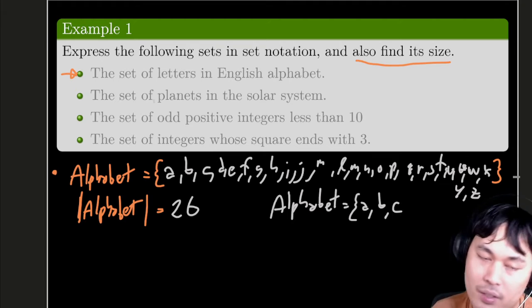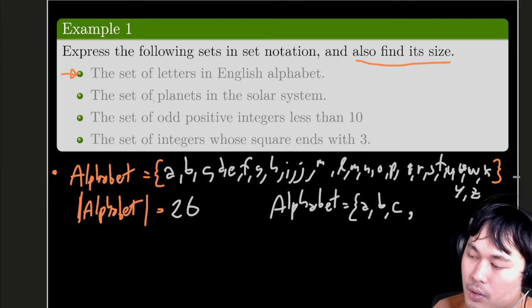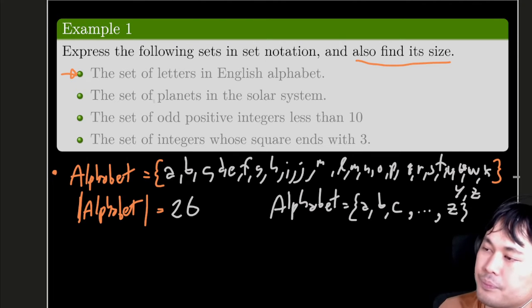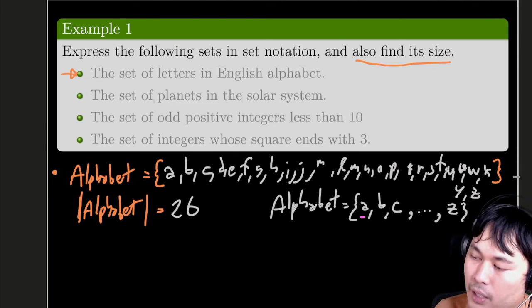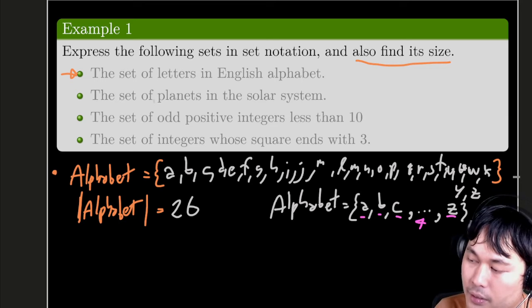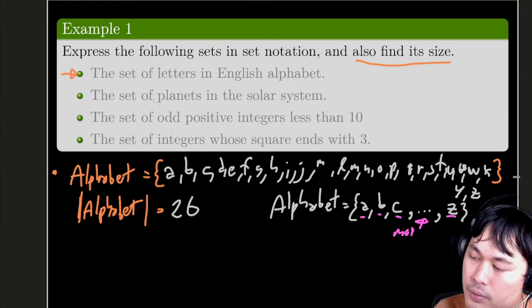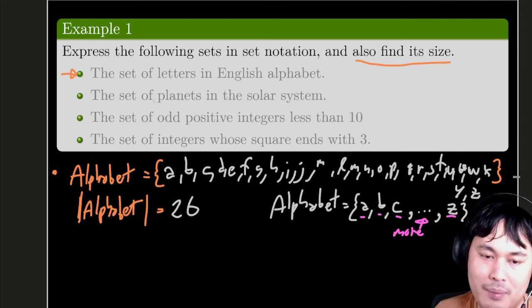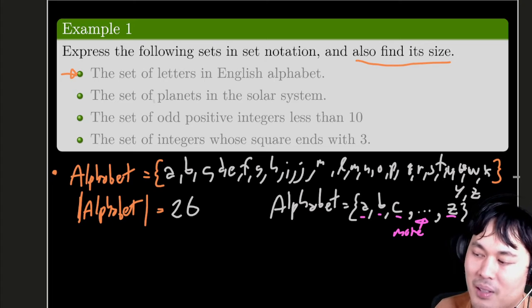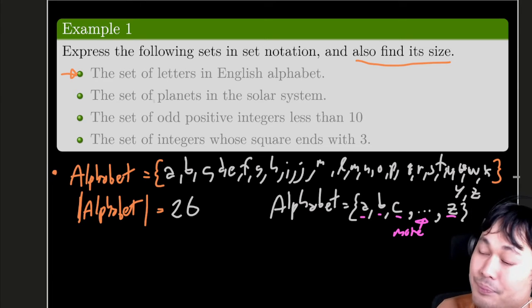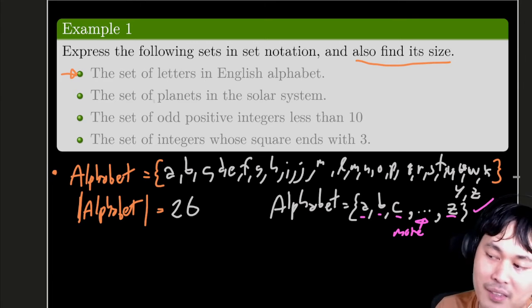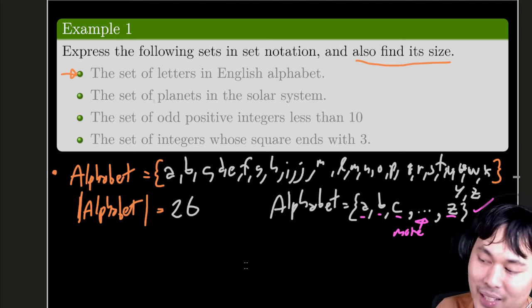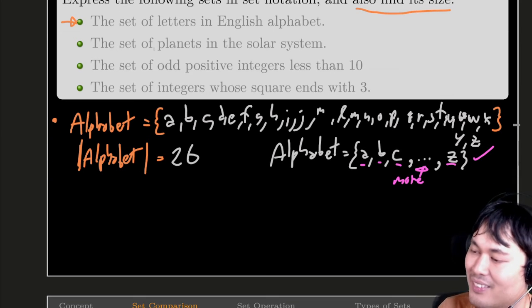In this case, you can write A, B, C, comma, dots, comma, Z. So we can see there are A, B, C, and then Z, and the dots represent that there are more there. I don't want to write them all; you can find them out if you have time. So this one is acceptable, as long as the pattern is obvious.